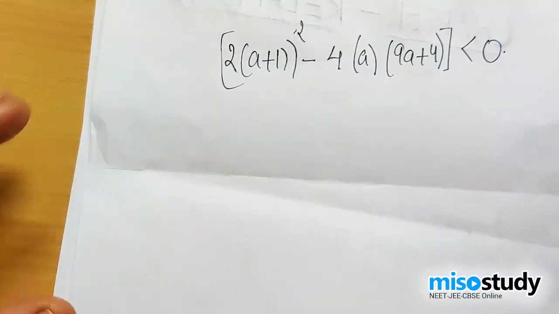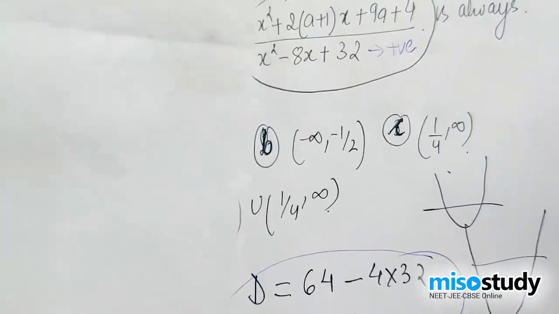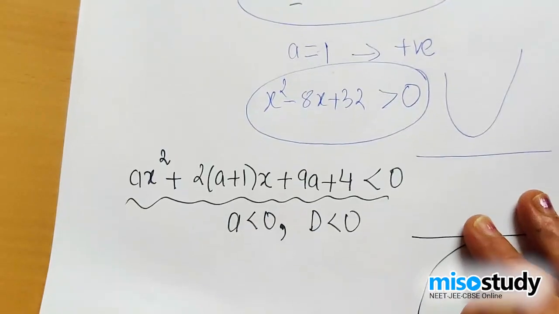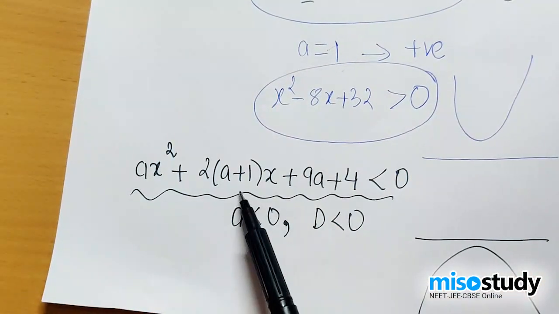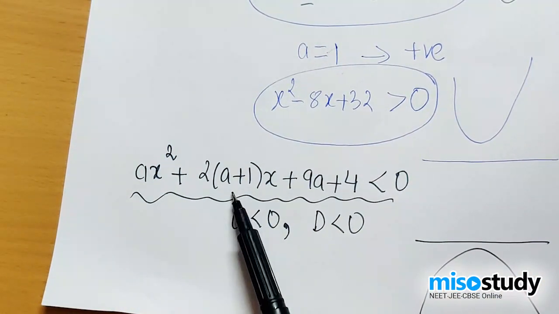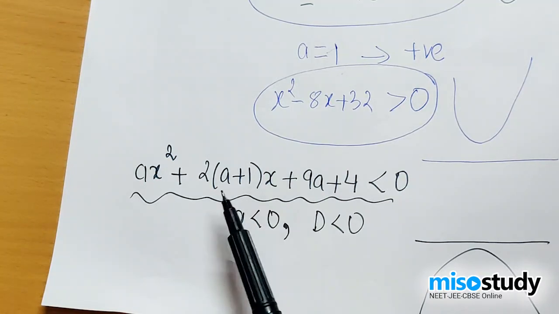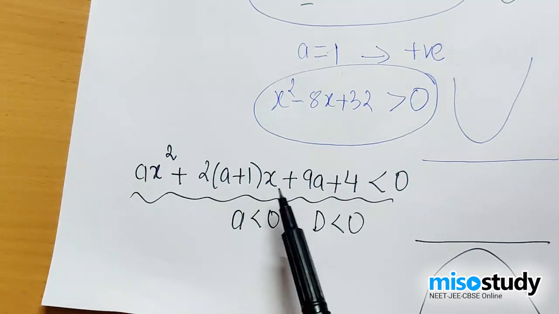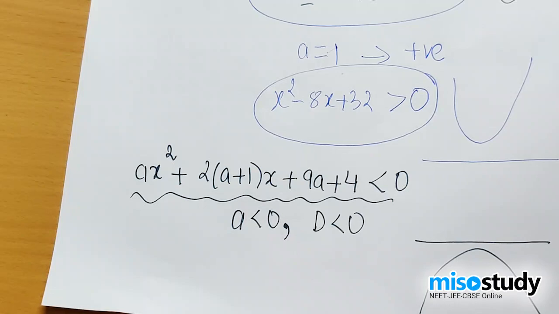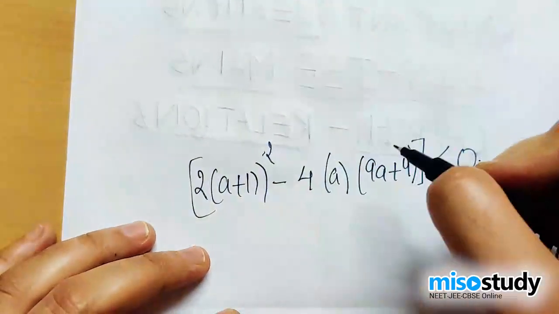Yes or no? Because this was the equation. If you carefully look at this equation, you must have the discriminant less than 0. That means (2a plus 1) whole squared minus 4a into (9a plus 4) should be less than 0, and also a is less than 0 for sure.